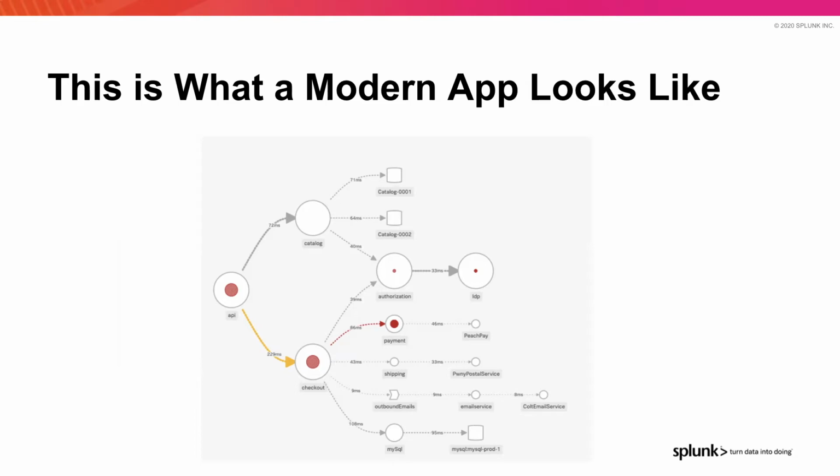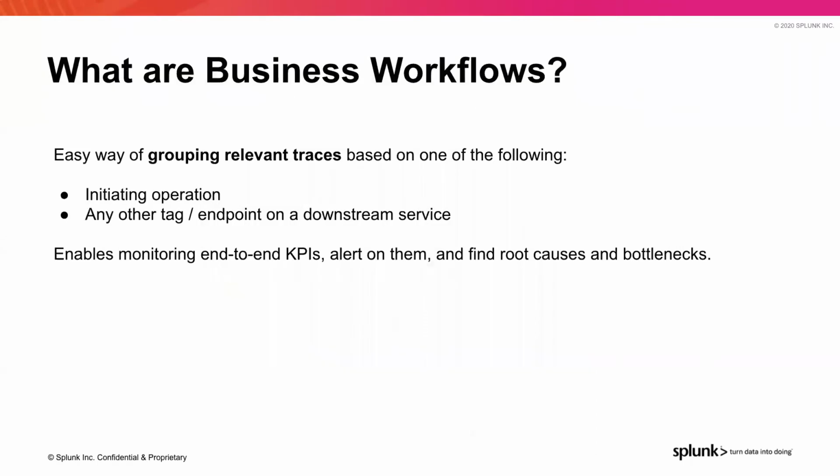So that's why we came up with business workflows, which is an easy way to group relevant traces together based either on the initiating operation or on any other tag or endpoint or any service downstream. And that way you can enable end-to-end monitoring of KPIs, alert on them, and find root causes and bottlenecks.